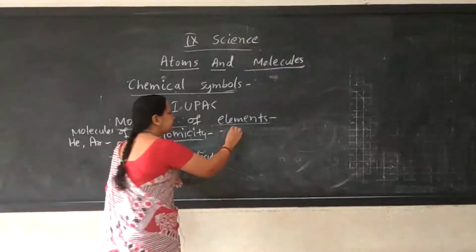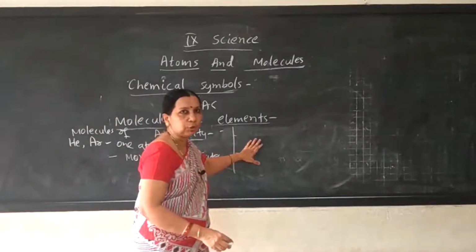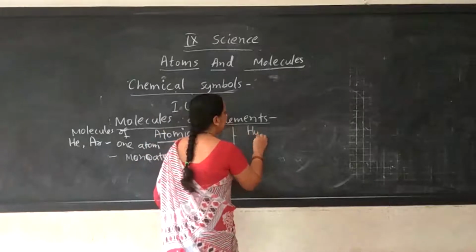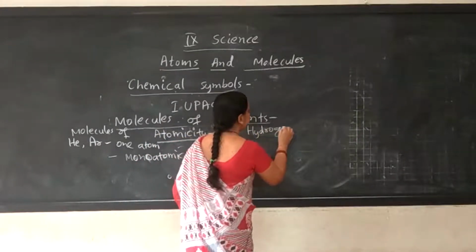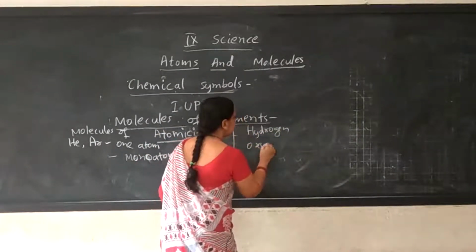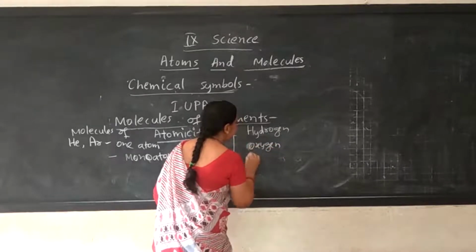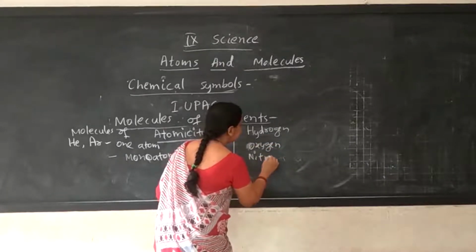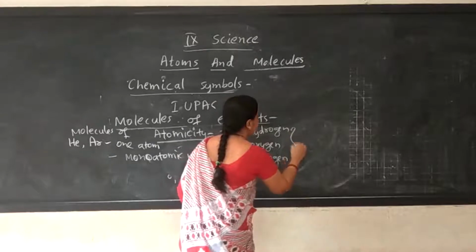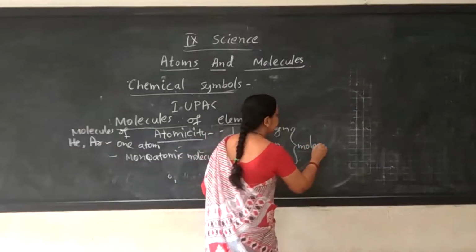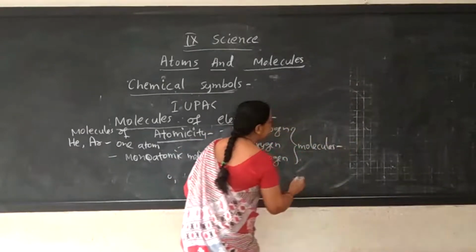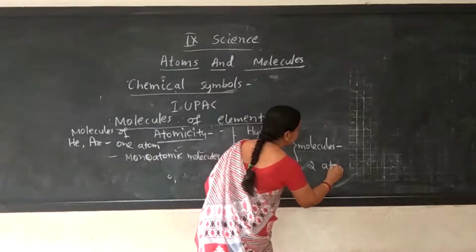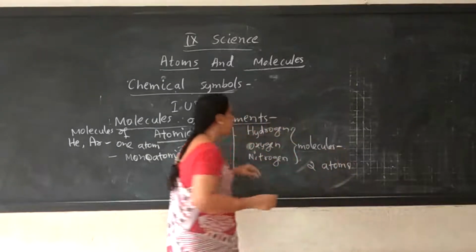Now, molecules of some elements like hydrogen, oxygen, nitrogen are made up of two atoms.